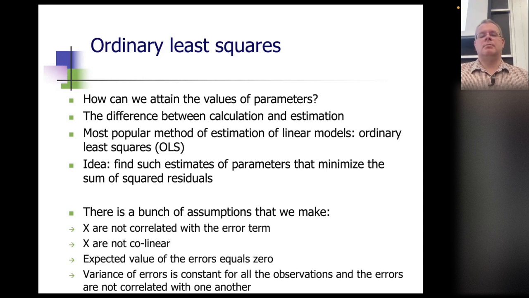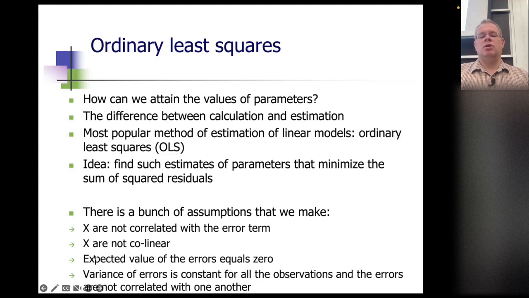Actually, here are those assumptions, and it takes quite some time to cover that, but as you can see, one of those we actually already mentioned, that the expected value of errors are zeros. Well, some of them are technical, like the x's are not collinear. Well, if they were collinear, that would mean you have two variables that truly represent the same thing, so you do not need them.